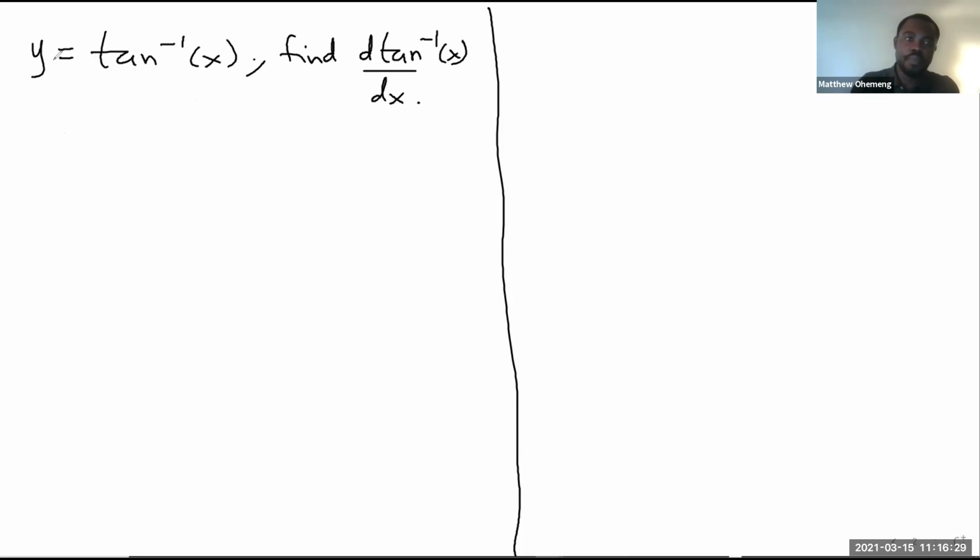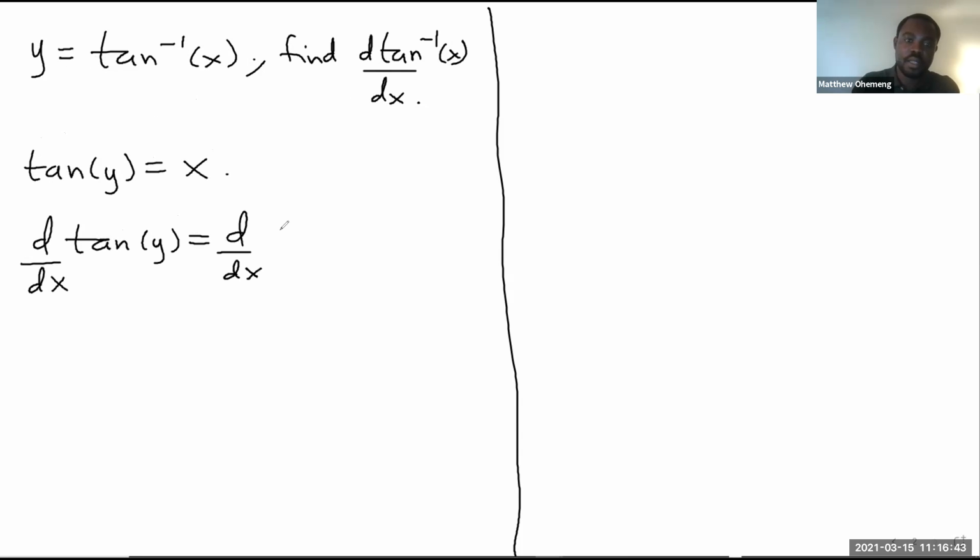Since we have y equal to tan inverse of x, that means tan of y equals x. Then we still employ implicit differentiation, so we do d over dx of both sides. That's d over dx of x on the right. For the derivative of tan of y, we have to employ the chain rule, where tan is our outer function and y is the inner function.